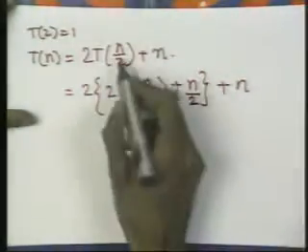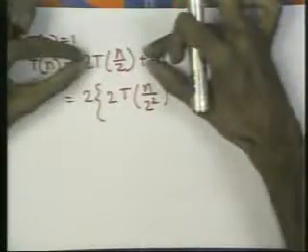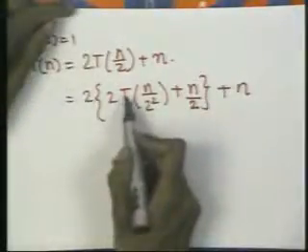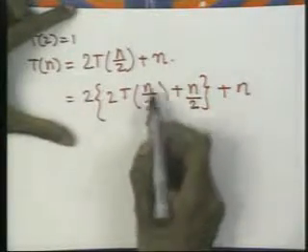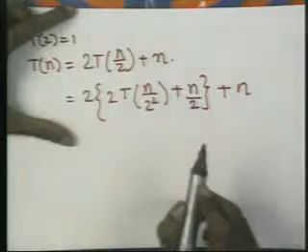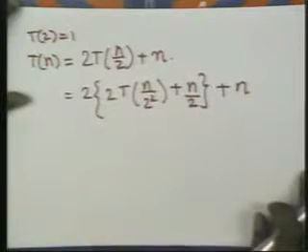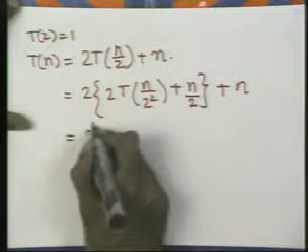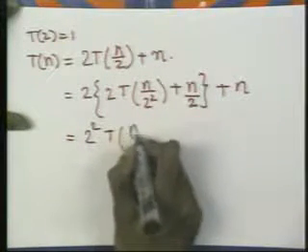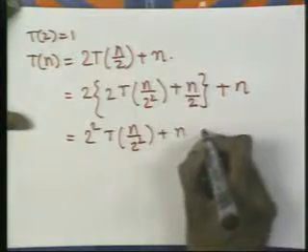I use the same recurrence on T(n/2), with n by 2 in place of n. So that will be twice T(n/4) plus n by 2. So that's what I get. So what is this? This is 2 squared T(n/2 squared) plus n plus n.